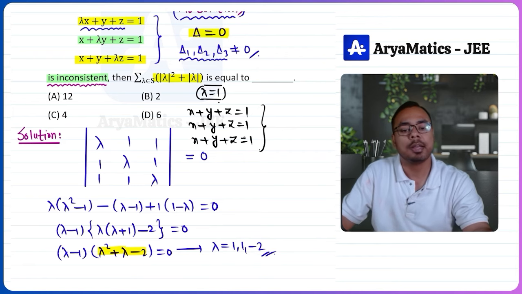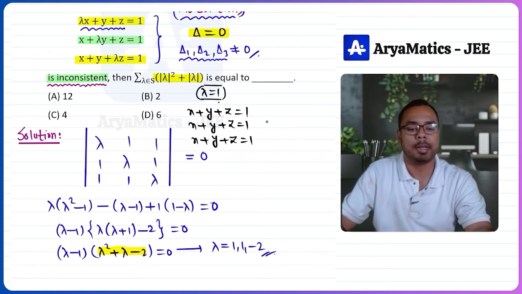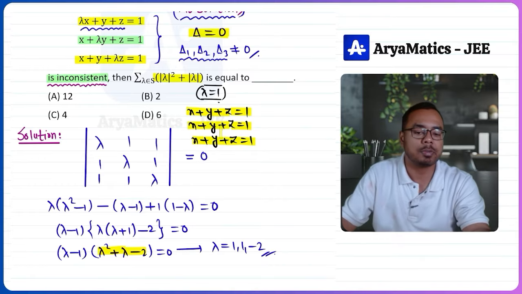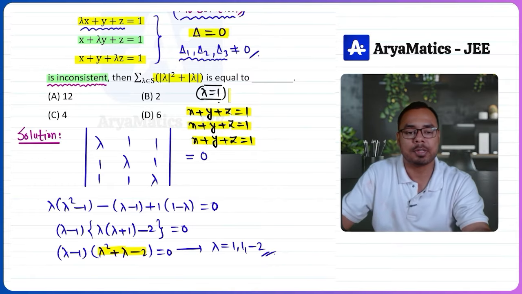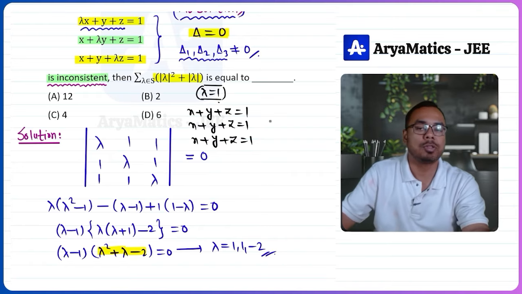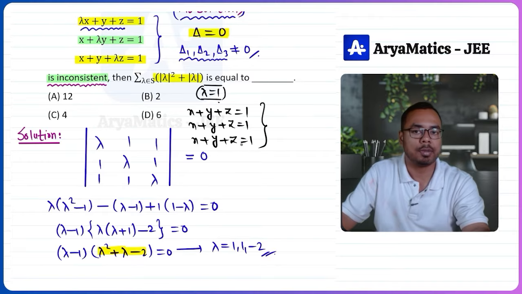Directly you can see that this system will have infinitely many solutions, because all three equations are identical. Take any value of x, y, z which satisfies equation 1, then it will also satisfy equations 2 and 3. So for lambda equals 1, we are not going to get no solution.